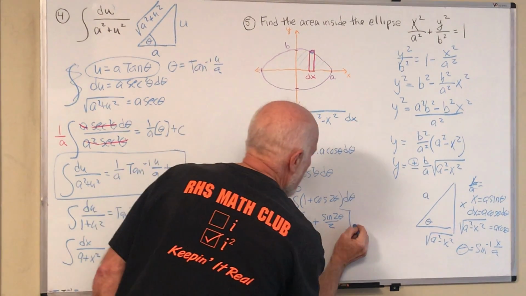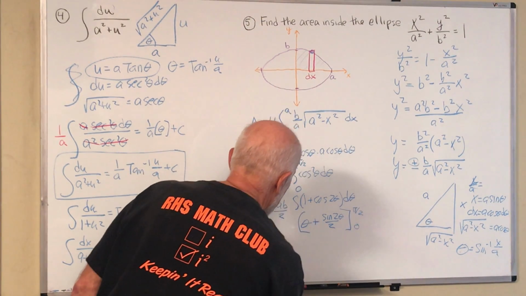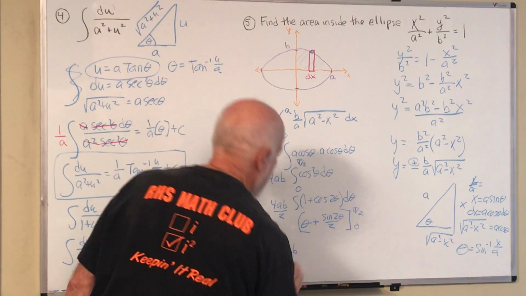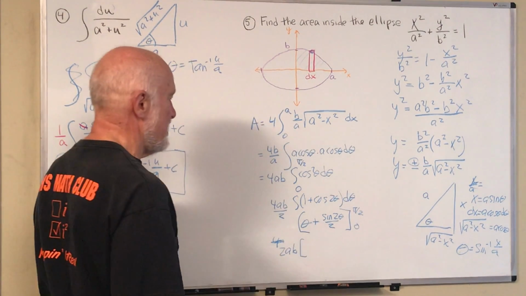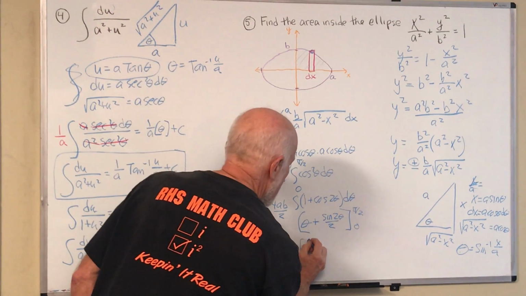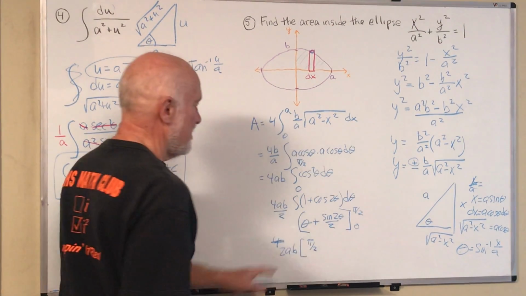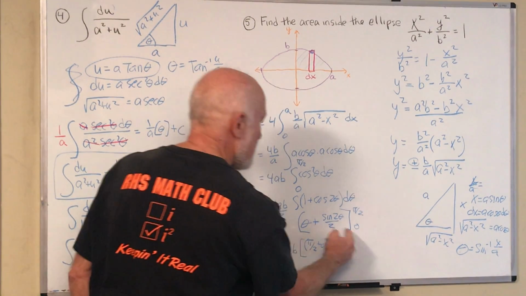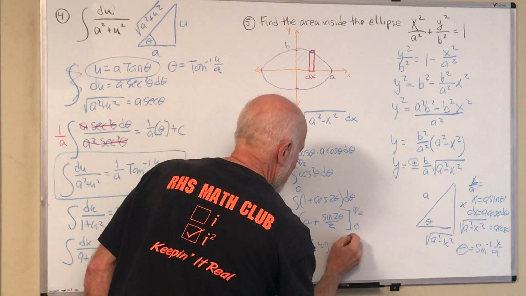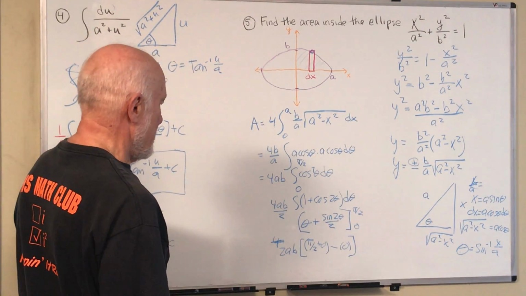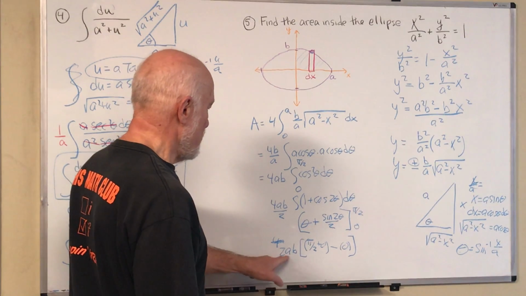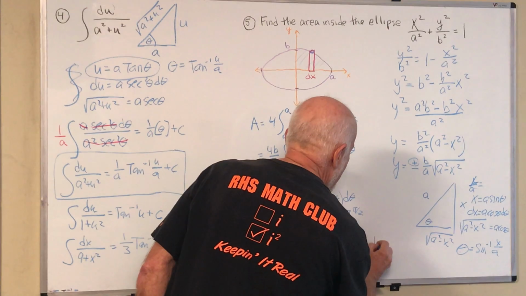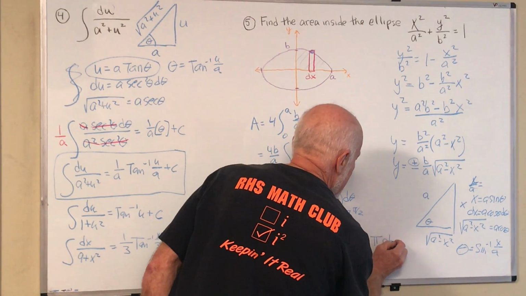And we're going from 0 to pi over 2. So 2ab, and what do you get? You get pi over 2 plus the sine of pi, which is 0. And then when you put in 0, you get 0. So altogether, you get pi over 2 times 2ab, or pi times a times b.